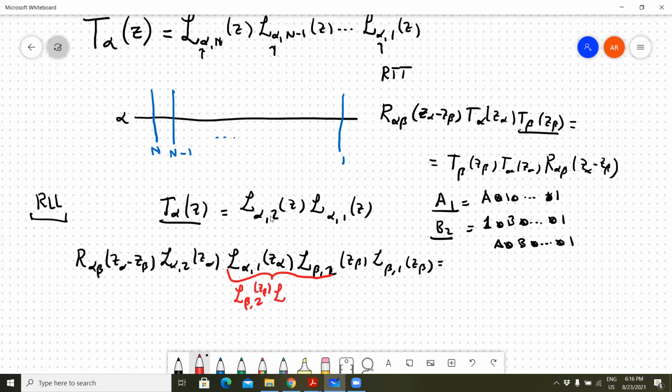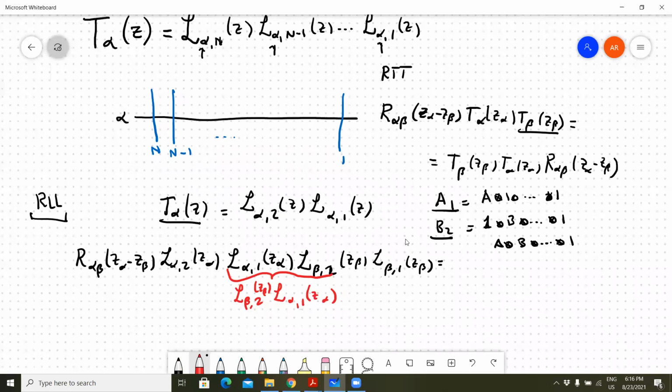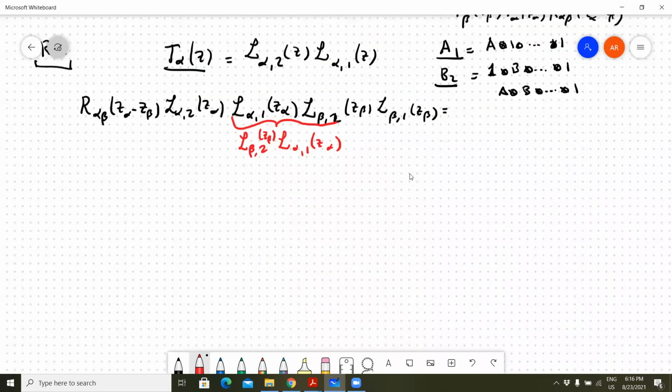Beta and alpha 1. But this is exactly the left-hand side of RLL.